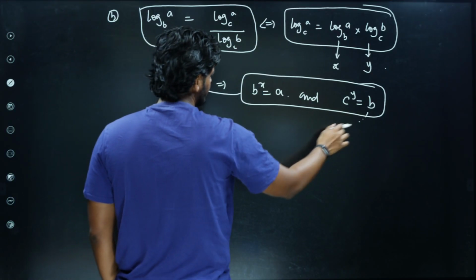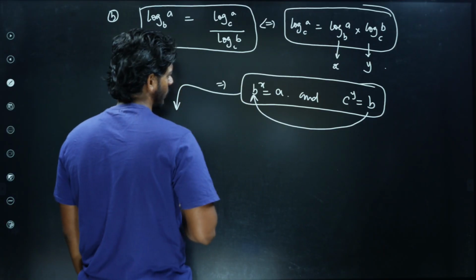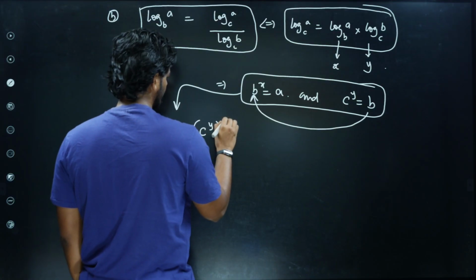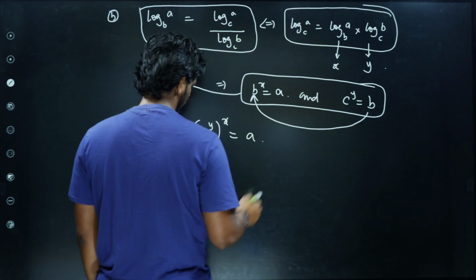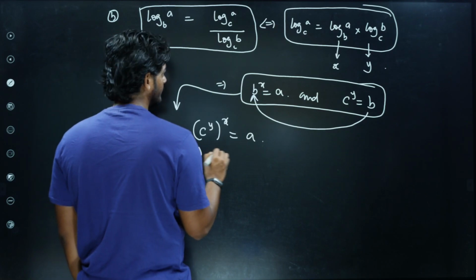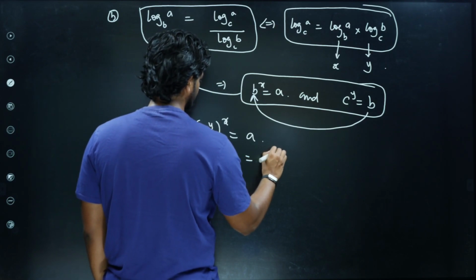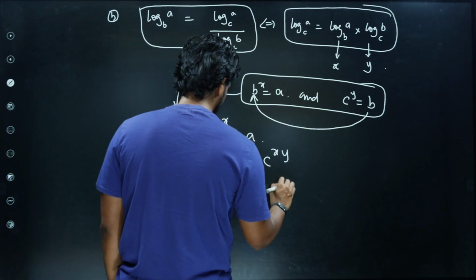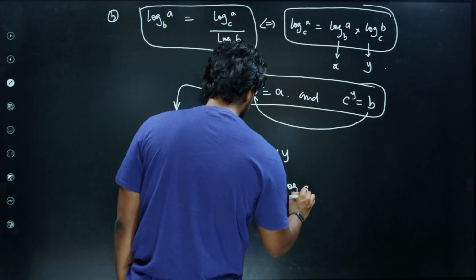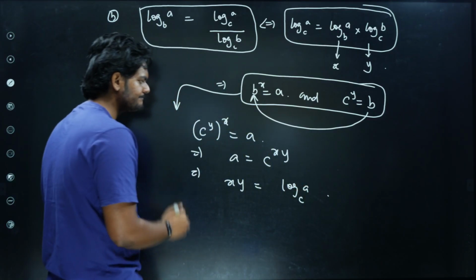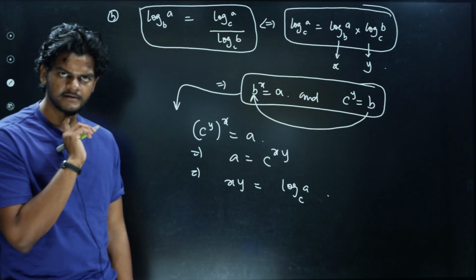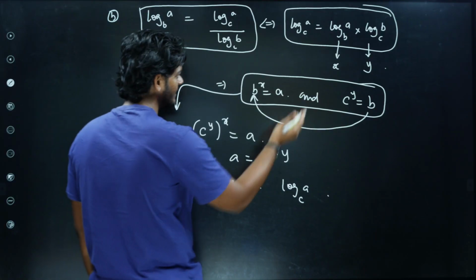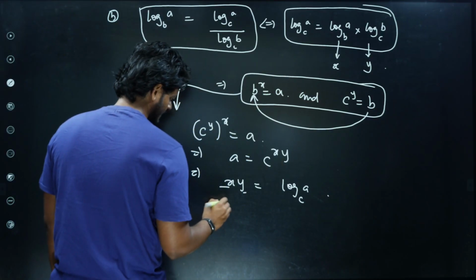I replace this b over here. So I'll have c power y whole power x is equal to a. That would imply a is equal to c power xy. And that would imply xy is equal to log a base c. Is that clear? Log a base c. And what is x, what is y? We simply have it in front of us.